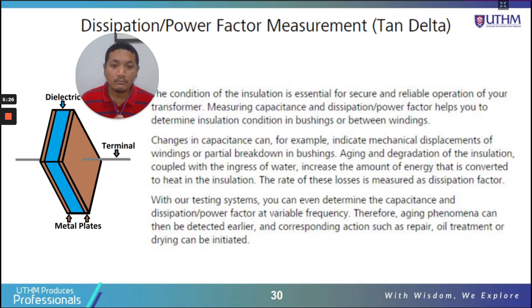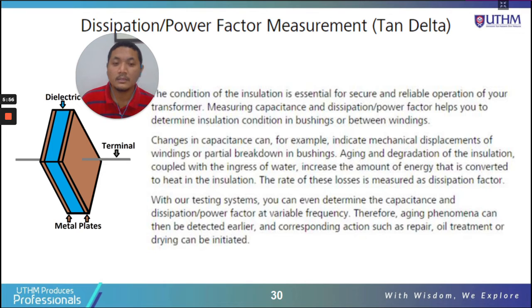But basically the idea of tan delta is to measure the parameters of the insulation. If the capacitance or the tan delta value changes, it means that the insulation material has changed.